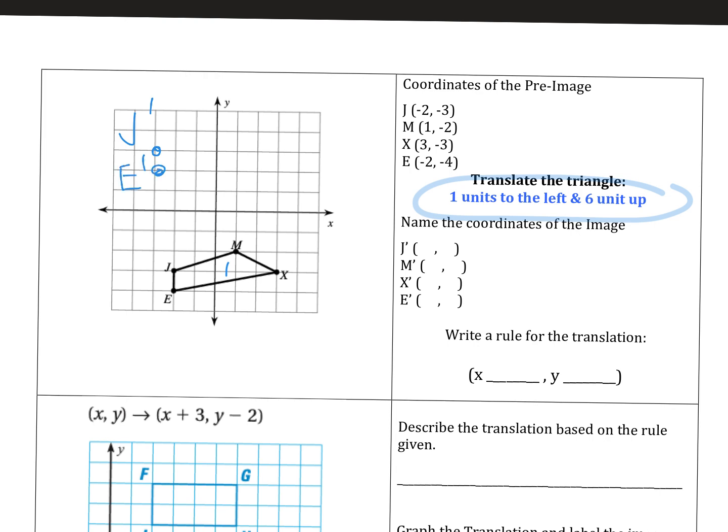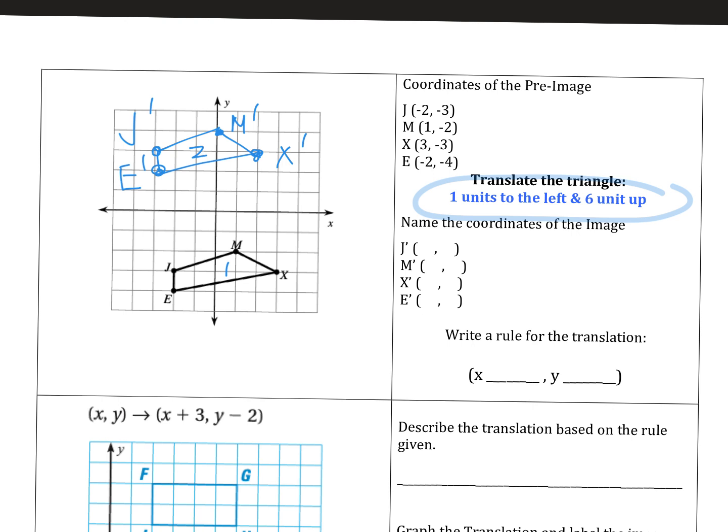Letter M is 1 to the left and 6 up, M prime. And letter X is 1 to the left and 1, 2, 3, 4, 5, 6, X prime. I put a prime on all of my new letters. You must remember to do that.